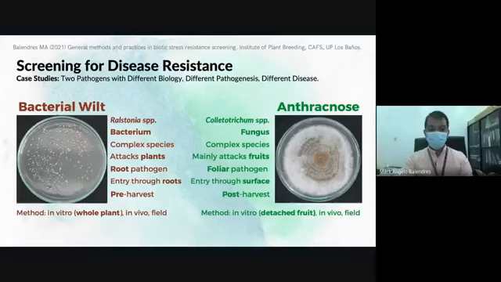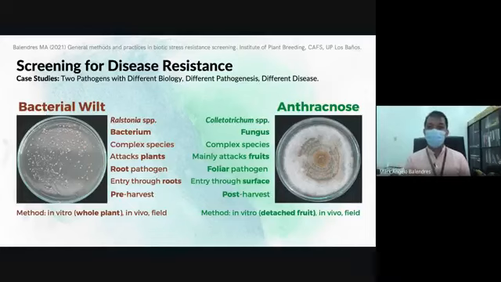And so bacterial wilt is systemic, which means that once the plant is infected, you're likely to get infections from the other parts of the plant as well, or you could get the bacteria from the other parts of the plant. With anthracnose, it's more contact. You could only get the infection from where the spores land, not on the places where there are no visible signs of the pathogen.